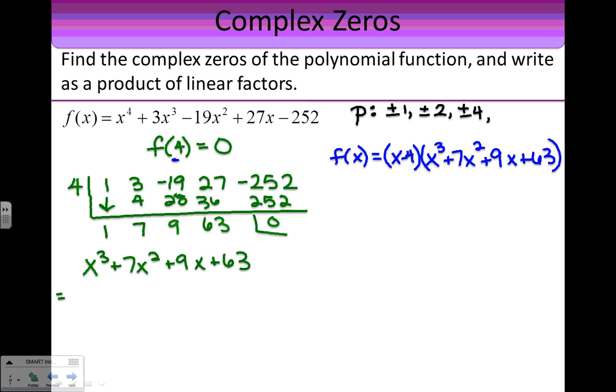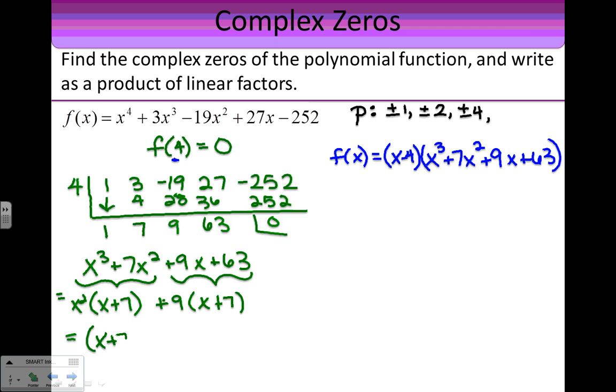So I take out an x squared, left with x plus 7, take out a 9, I'm left with x plus 7. So x plus 7 times x squared plus 9. So this polynomial, x cubed plus 7x squared plus 9x plus 63, will factor to x plus 7 times x squared plus 9.